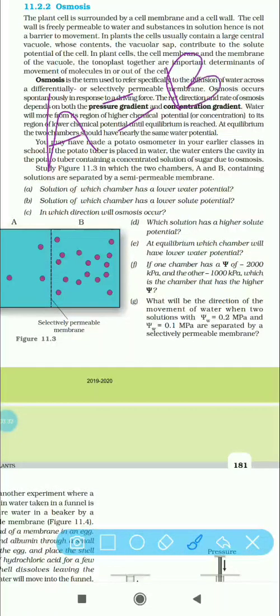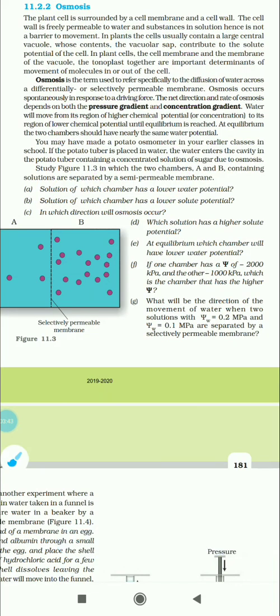Let's say A has higher water concentration, then water will move from A to B, and the movement will continue till both have equal concentration of water. In other words, water always moves from higher water potential to lower water potential. Also remember, the more the solute, the less the water potential; the less the solute, the more H2O molecules, and the more the water potential.